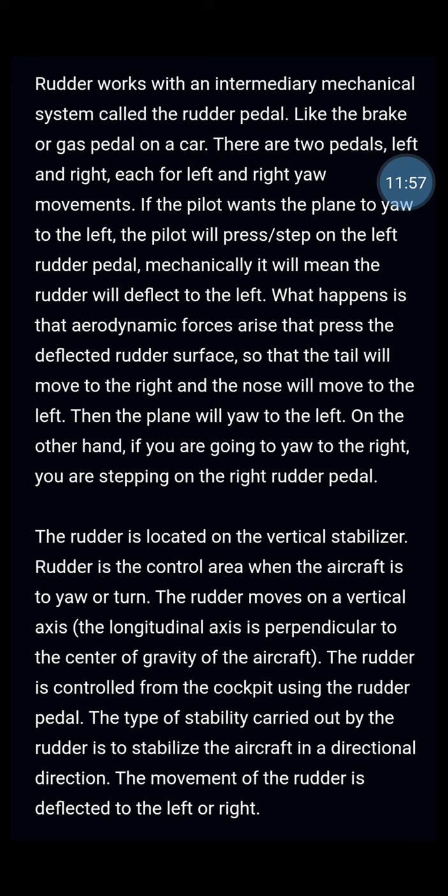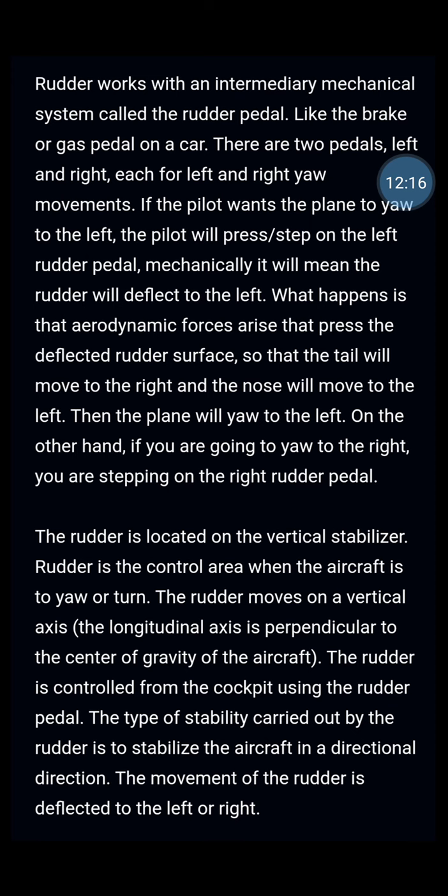If the pilot wants the plane to yaw to the left, the pilot will press or step on the left rudder pedal. Mechanically, this means the rudder will deflect to the left.